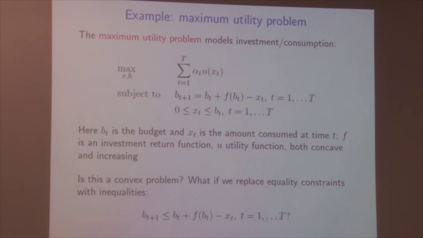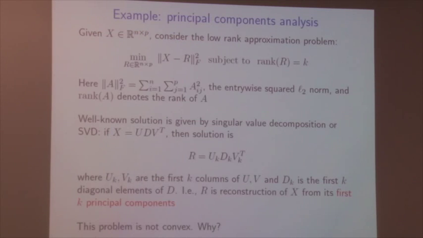Are there questions about the maximum utility problem in general? Nope. Okay. So that's an example of a problem where you can relax it and still get the original solution. How do you know that you get the same solution?